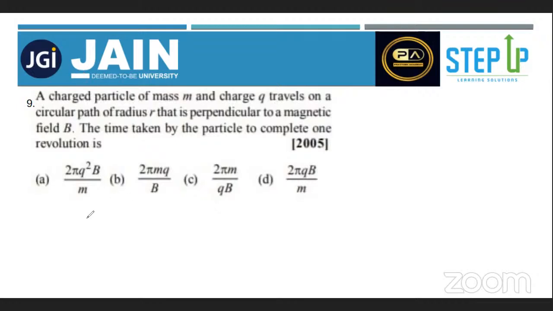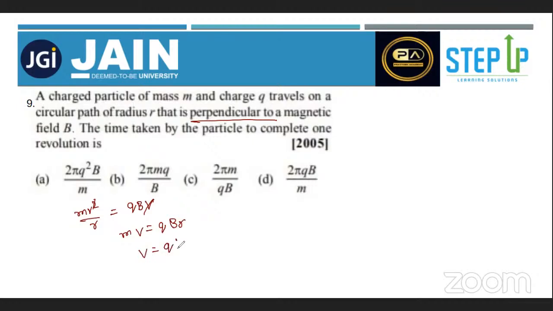You see, because it's again a circular path, the equation stays the same: mv square by r is equal to qvB sine theta. Sine theta will become 1 because we have a perpendicular magnetic field. So v gets cancelled. I get from here mv is equal to qBr, and from here I can write velocity.